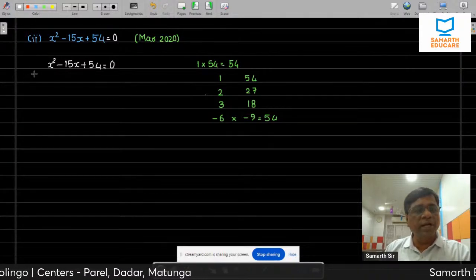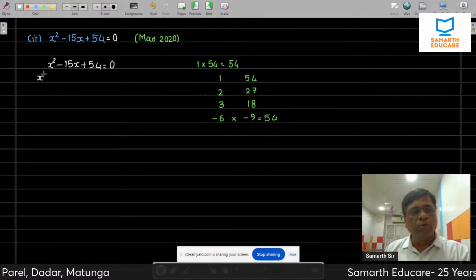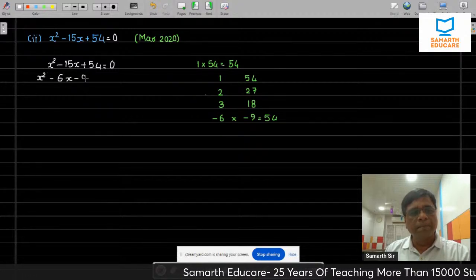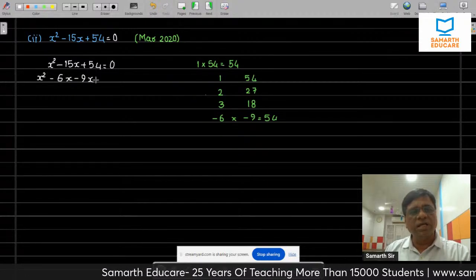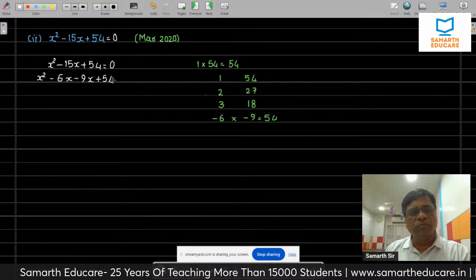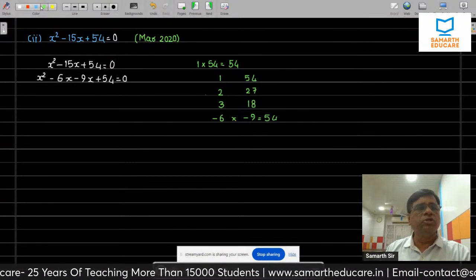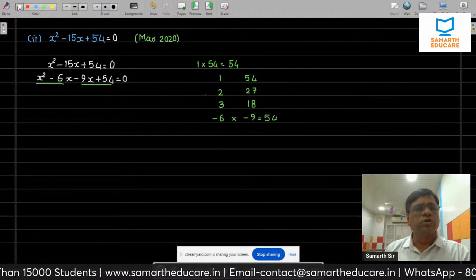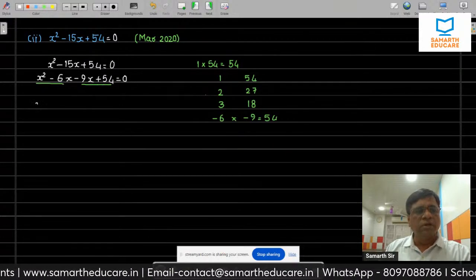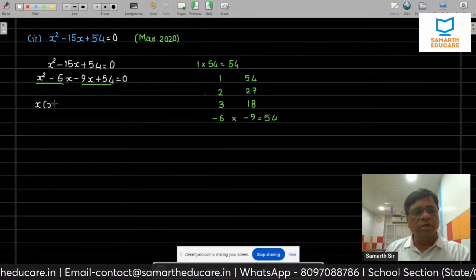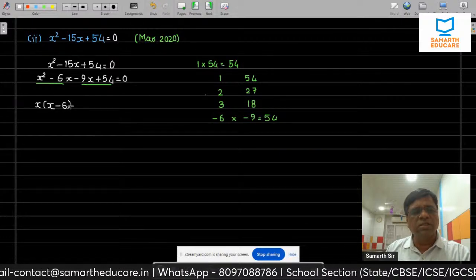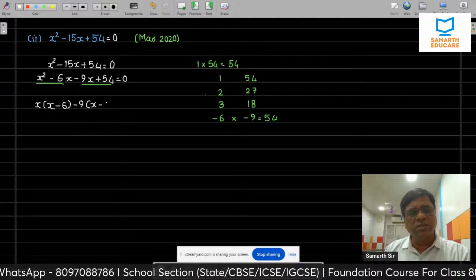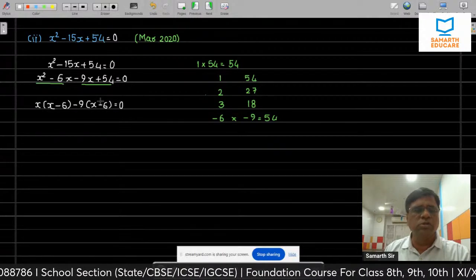Hence मैं इसको स्प्लिट करता हूँ 15 को. I'm going to split this as -6x -9x plus 54. Okay, first two terms, let us take first two terms and the last two terms. So if I take first two terms, x is the common term, it will be x minus 6, then minus 9 x minus 6 is equal to 0.